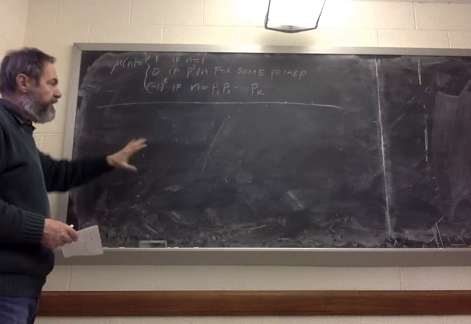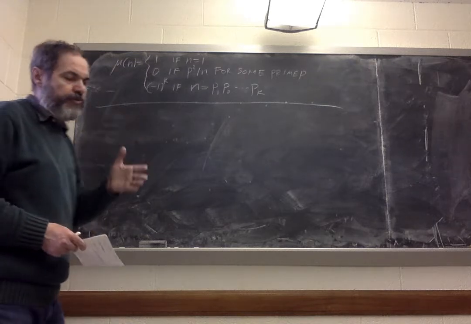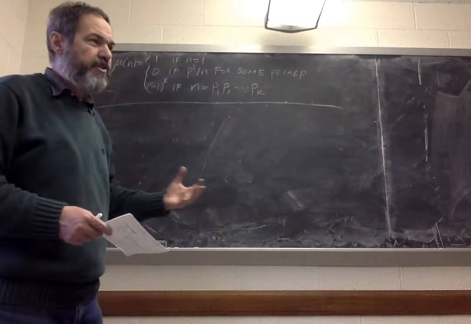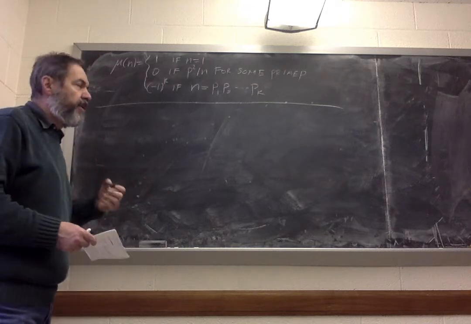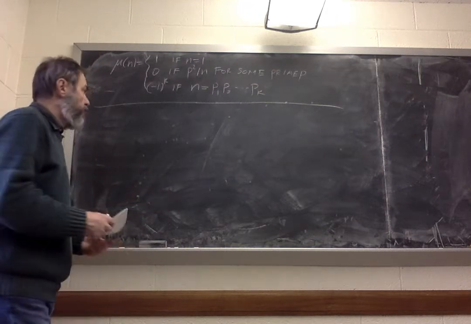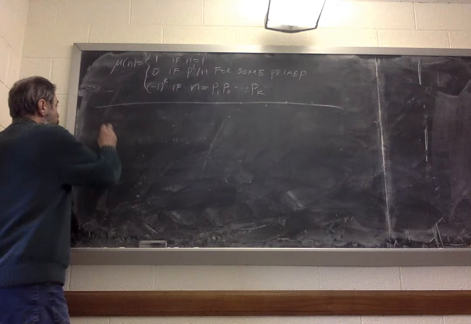First of all, I wanted to compute some values so we get a feel for what's going on and how we compute it quickly. I'm going to make a quick table.